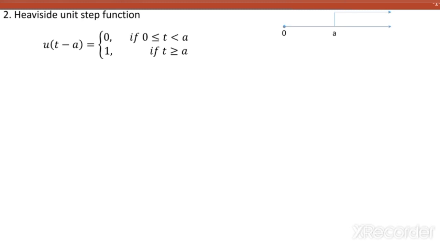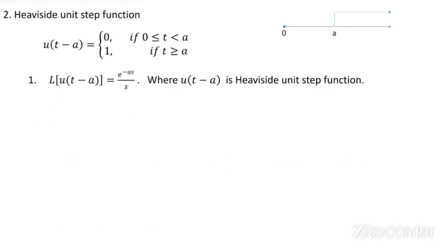L of u of t minus a: you integrate the given function multiplied by e power minus st between the limits 0 to infinity, but from 0 to a it is 0, and from a to infinity it is 1. So I just integrate e power minus st into 1 between the limits a to infinity. If I integrate, I get the result: the Laplace transform of u of t minus a is e power minus as by s. So if I want u of t minus 3, where a is 3, then it is e power minus 3s by s.